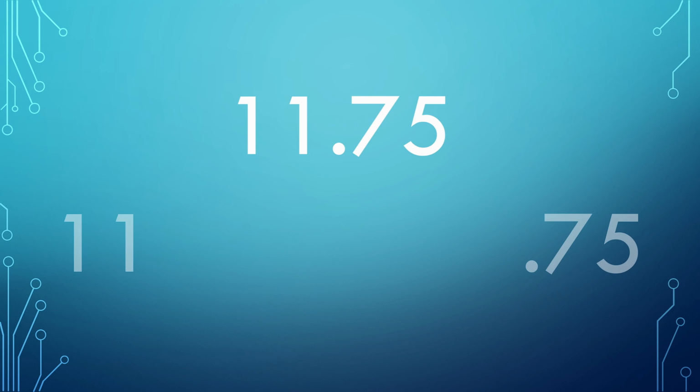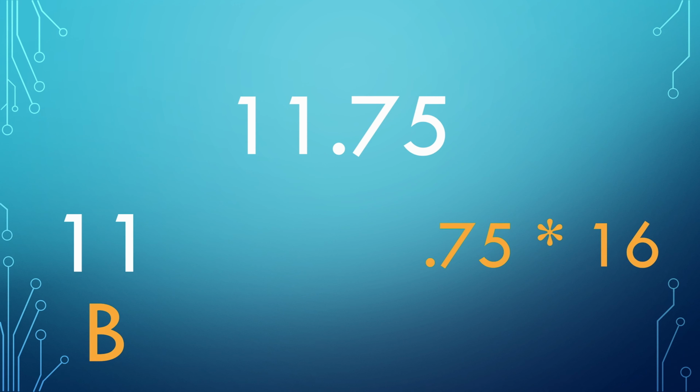How do we represent that? Well, first off, we break it in half, using the decimal point as our divider. 11 is B. We know that from our chart. The second half is a little more complicated. We take our 0.75 times 16, that is going to be 12.